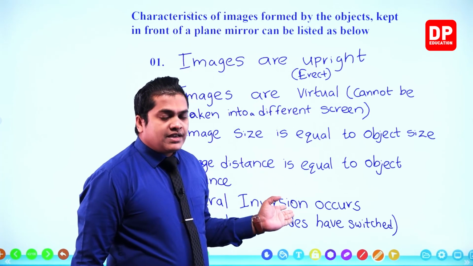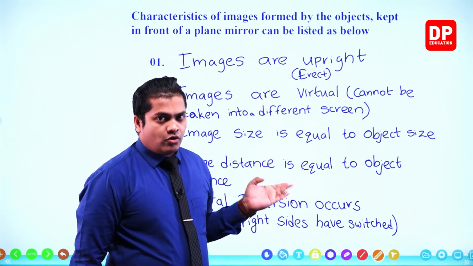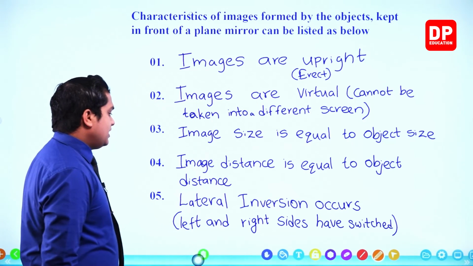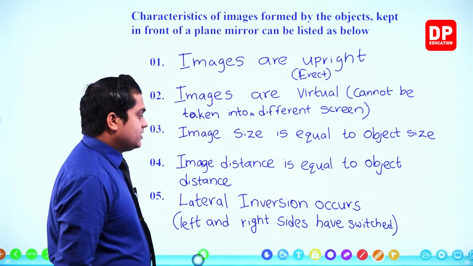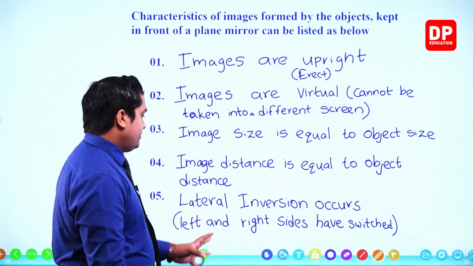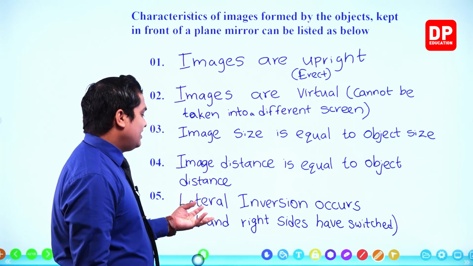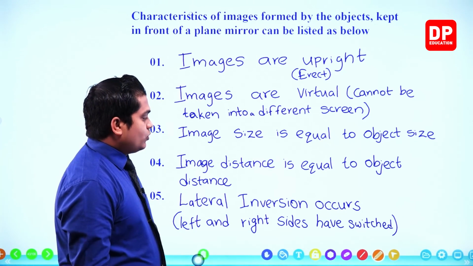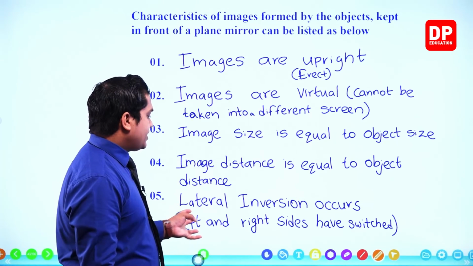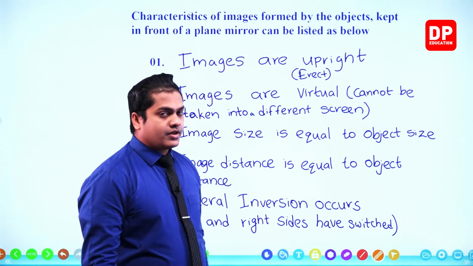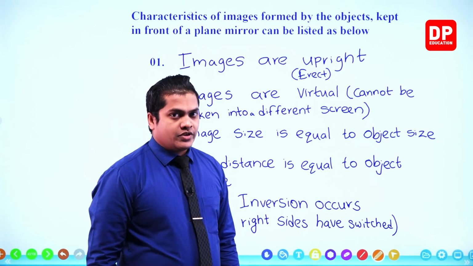Distance between object and the mirror, that is the object distance. So these two are equal to each other. Then finally, lateral inversion occurs. Lateral inversion means switching of left and right sides. So within the images, left and right sides have switched.